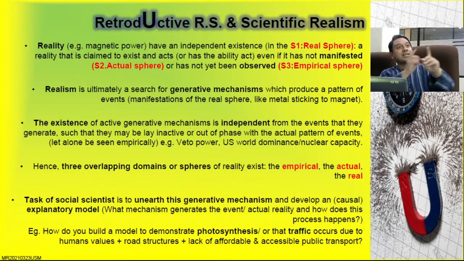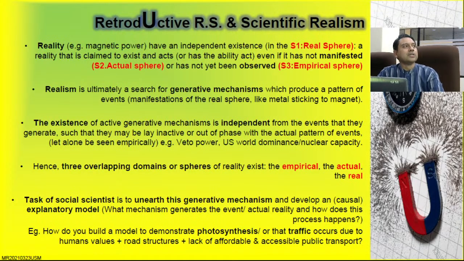But once it erupts, you can see it's happening. Yeah. It's alive, right? So such mechanisms may lie inactive or out of phase with the actual patterns of events, let alone be seen empirically. Example, veto power, US world dominance in nuclear capacity, right? We cannot see nuclear capacity in a lot of countries, right? But the US has actually bombed Hiroshima and Nagasaki, so that's a demonstration of US nuclear power, right?